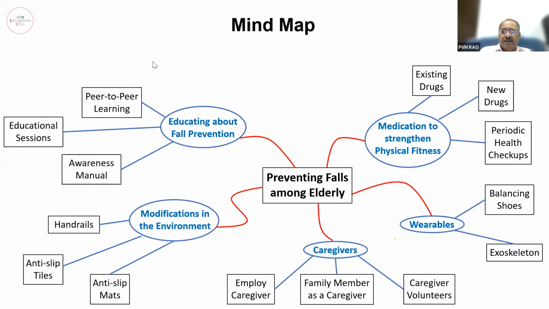Some are desirable, but they don't make business sense. Some are wanted by users, but technically not feasible, or sometimes technically feasible, but users have not shown a great choice for such a product or solution. So there can be multiple filters which one can bring.